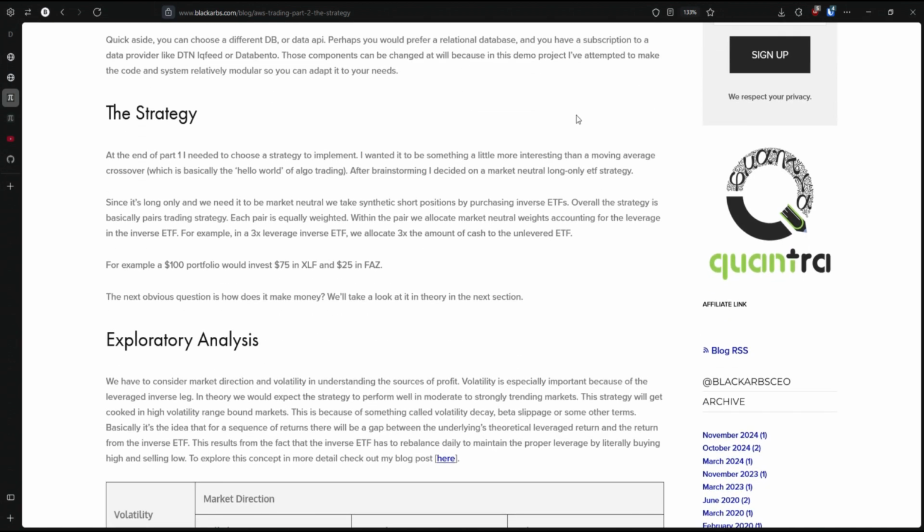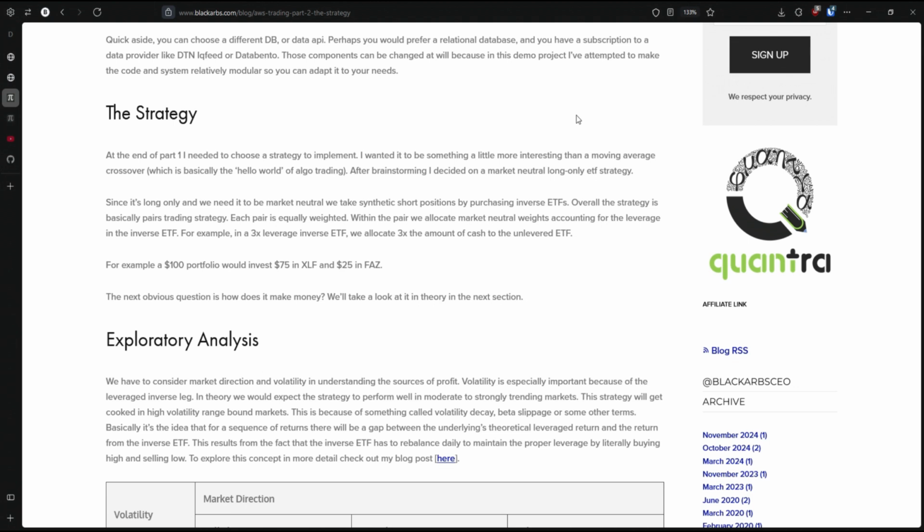So the strategy. At the end of part one, I needed to choose a strategy, and I wanted to do something a little bit more interesting than a moving average crossover, which is essentially the hello world of algo trading. So I decided on a market neutral, long only ETF strategy.